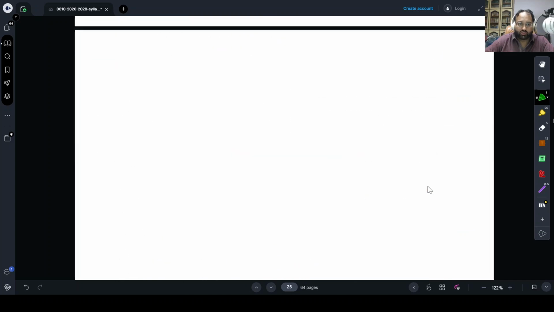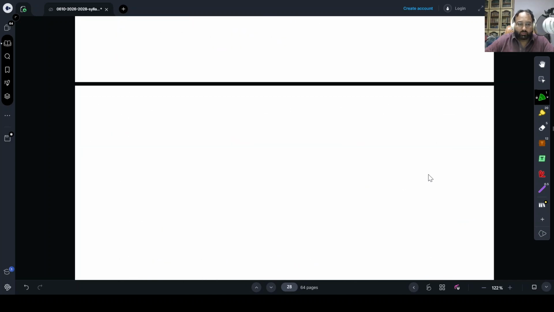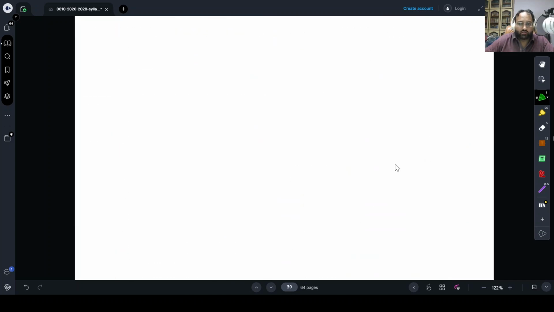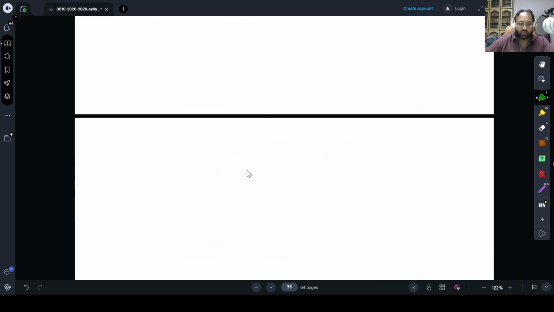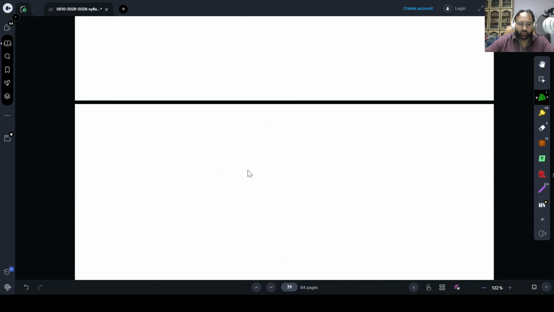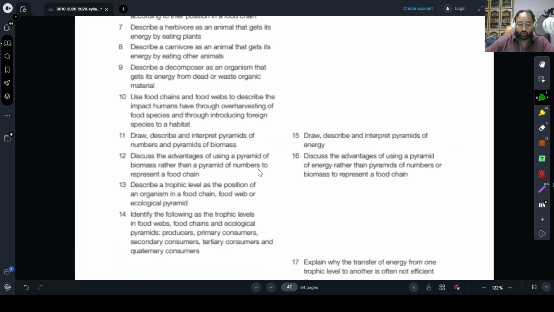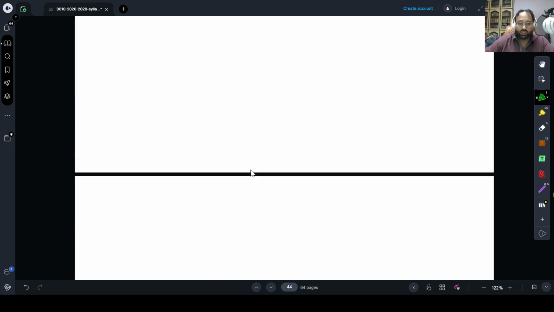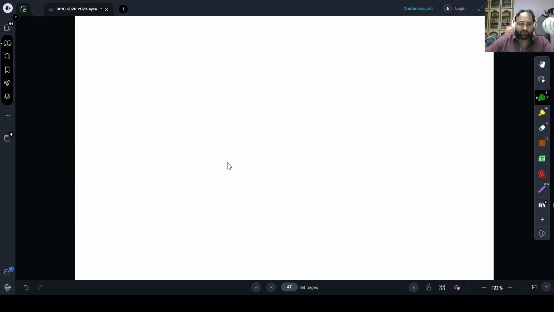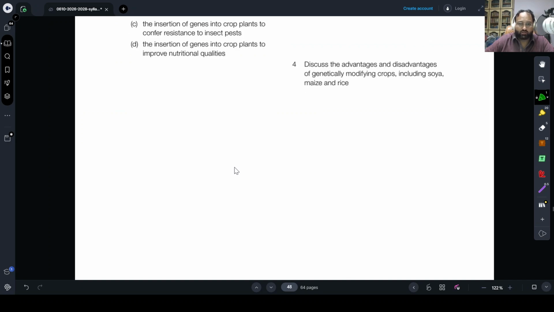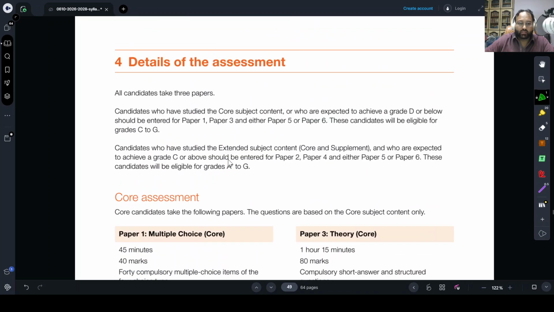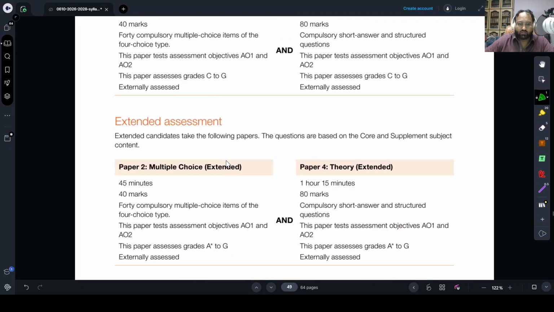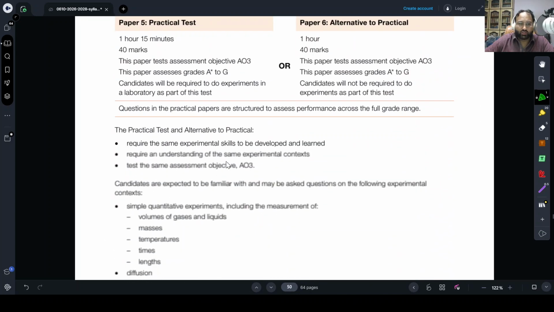Skipping forward to the other stuff, I'm not going into detail of the content because we'll cover that as we go. You should read it on your own, at least maybe the first chapter. As we go chapter to chapter, read in advance the stuff that we'll be covering. Details of assessment, we've already done that, so you don't need to take a look at that again.